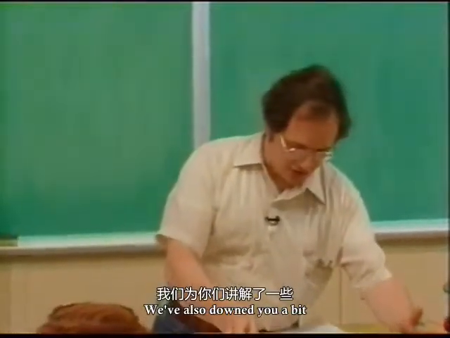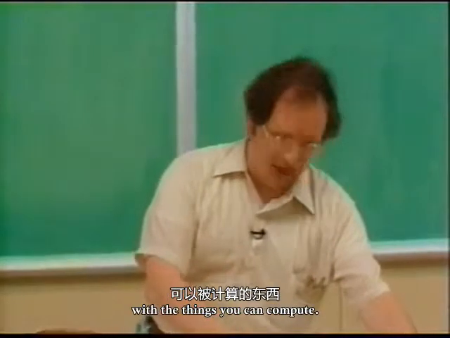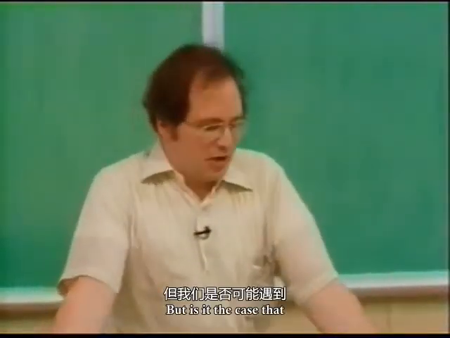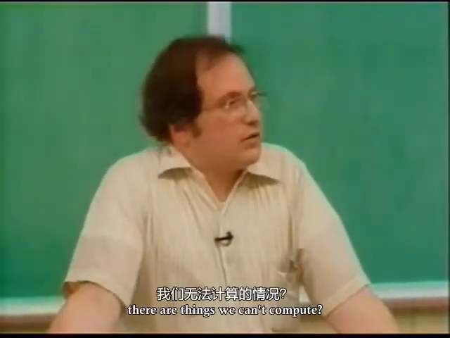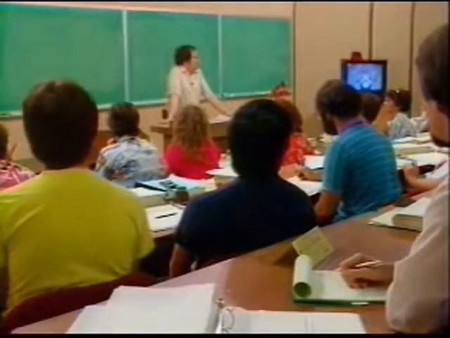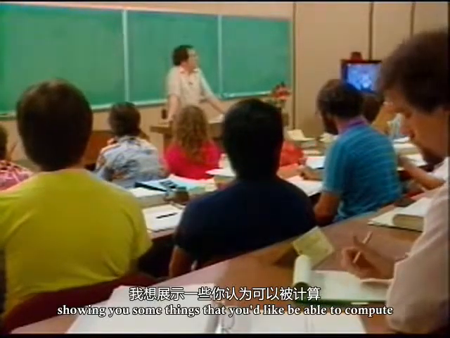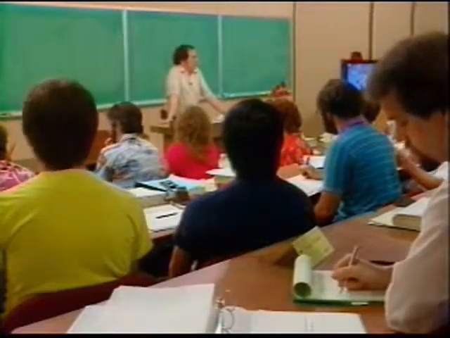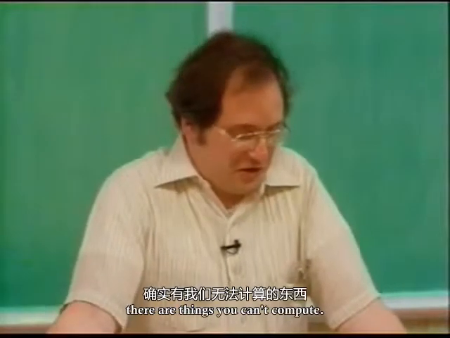We've also dazzled you a bit with the things you can compute. But is it the case that there are things we can't compute? I'd like to end this by showing you some things that you'd like to be able to compute that you can't. The answer is yes, there are things you can't compute.